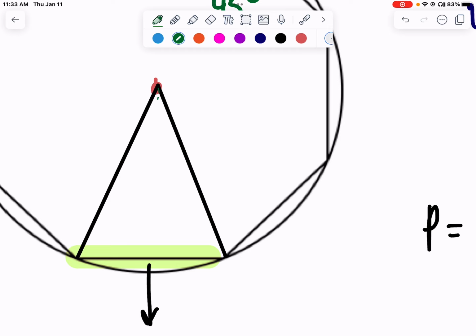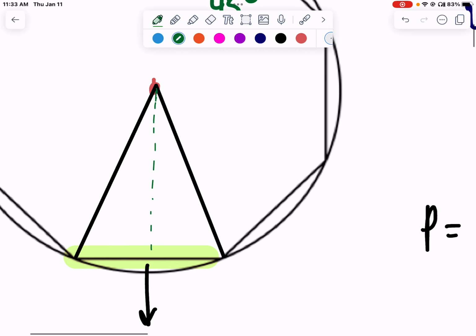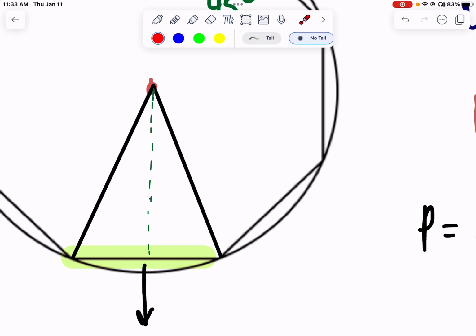So the first thing I'm going to do is drop a height. Now, very specifically, a height or an altitude is dropped from a vertex to the other side, and it meets at a 90-degree angle. Because it meets at a 90-degree angle, I can go ahead and use right angle trig on this triangle here.